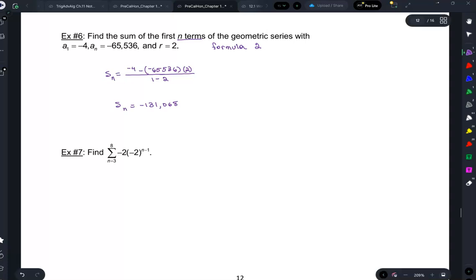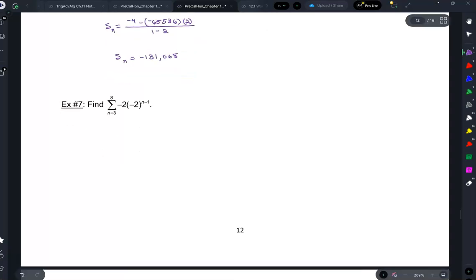All right. So here we go. Now we need to find this one. And again, I don't like these N's and these K's, right? I hate that they use N here. I'm going to change this to K and you'll see why. Okay. So when you have the summation notation, remember inside is your expression for a sub n.